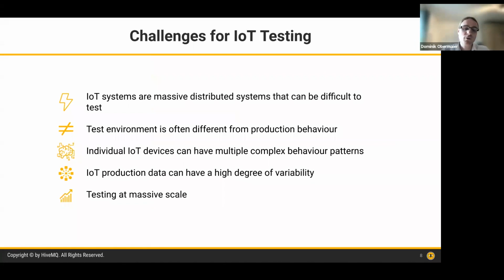And the problem is the test environments usually are extremely different from production behavior. While there are some companies, especially in the industrial IoT world, that struggle to have a test system at all, it's very rare that you see a test system which has the same components, the same workload, the same usage patterns as your production systems.